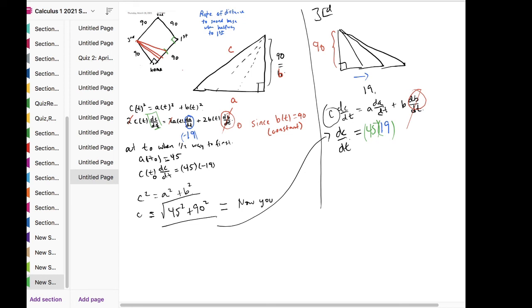The distance derivative from third is positive because they're getting further away, and the distance derivative to the other one, second, would be negative since you're getting closer. Does that help set up the problem? Yeah, it's all about the drawing.